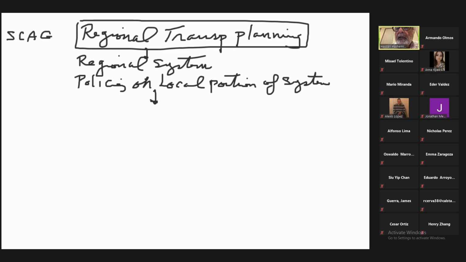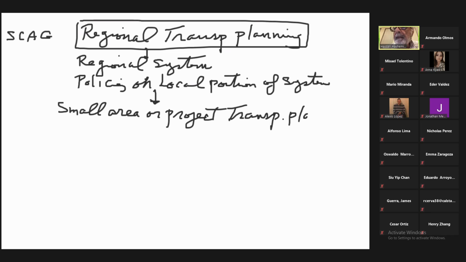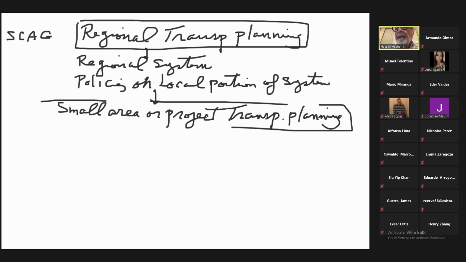One step lower, we get to small area or project transportation planning. Now, when you're looking at small area project transportation planning, instead of looking at Southern California, we're going to look at something like the city of Los Angeles.